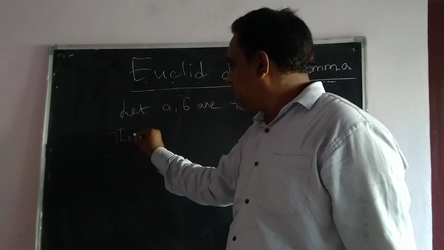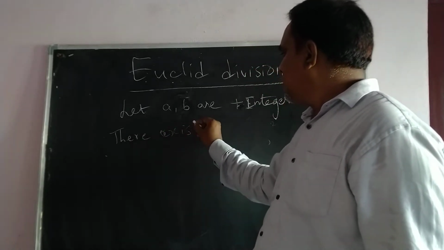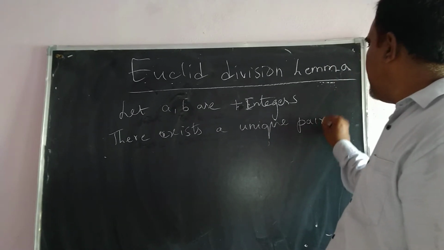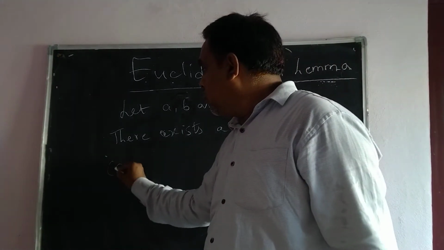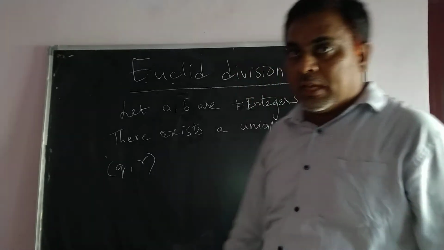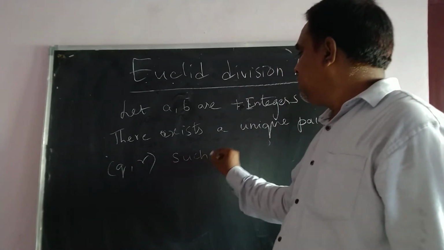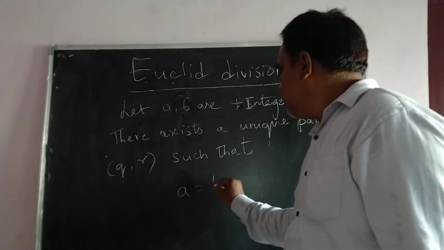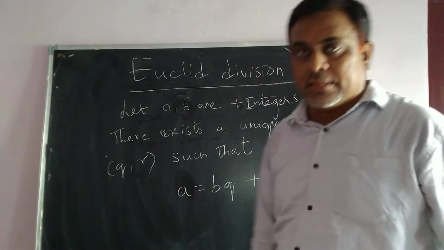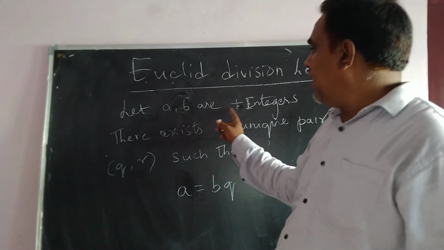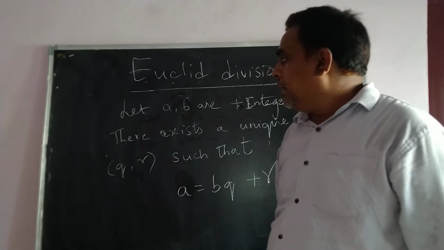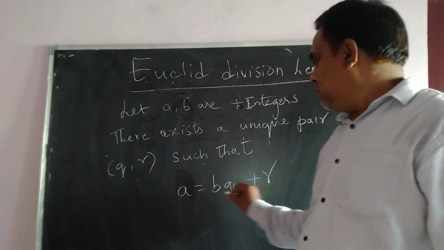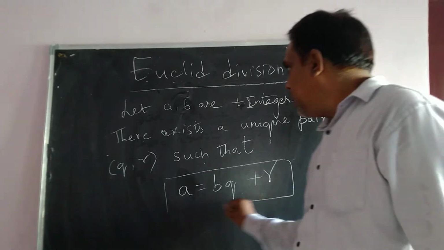There exists a unique pair Q, R such that A is equal to BQ plus R. Once again I am repeating: let A, B be positive integers, and there exists a unique pair Q, R such that A is equal to BQ plus R. This is the Euclid division lemma.